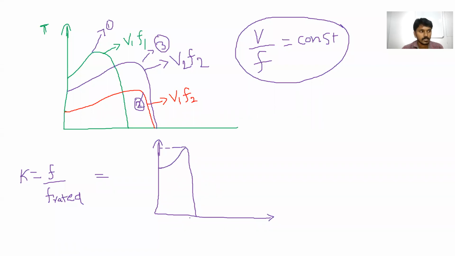Next, this is K equal to 1. We are taking the K value on the x-axis, and we are taking the torque on the y-axis.